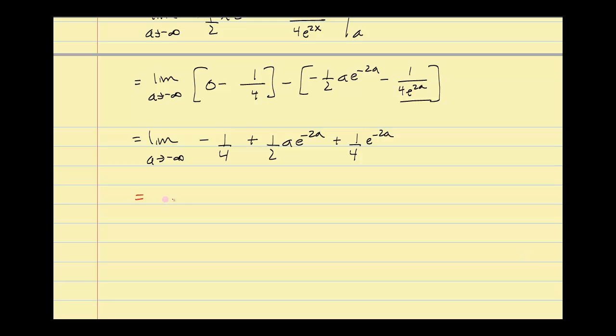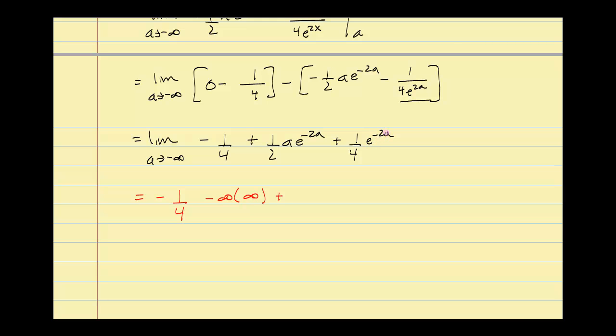So when we look at evaluating this, the limit of this constant of negative 1/4 is negative 1/4, and let's just go ahead and plug in or approach negative infinity. This piece right here will be 1/2 times a negative infinity, which is a negative infinity. E to the negative infinity times the negative 2 is e to the positive infinity, which is a positive value. And then for this piece, I'm going to be left with e to the negative 2 times negative infinity.